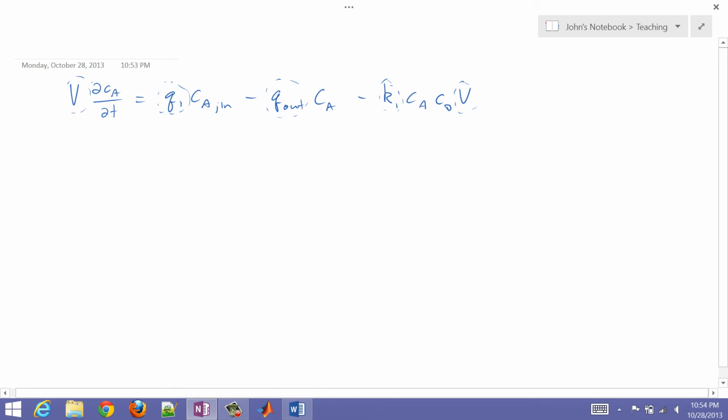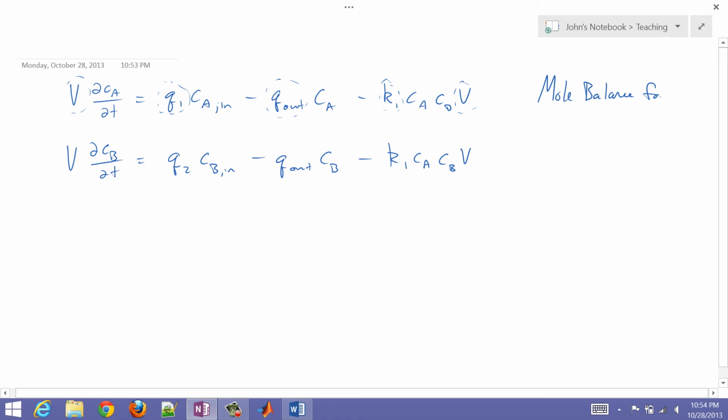Now I want to also do this for B. Very similar for B, dCB/dt equals Q2 CB in, minus Q out CB, minus K1 CA CB times V. So this is my mole balance for A, and that's my mole balance for B. Now what I want to do is linearize.